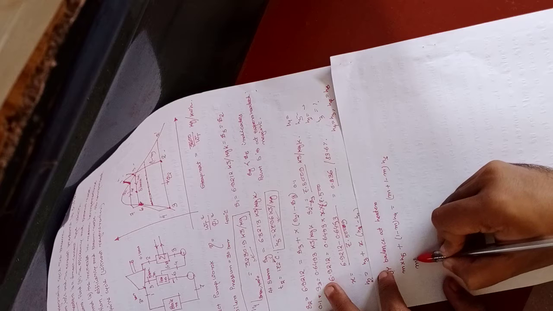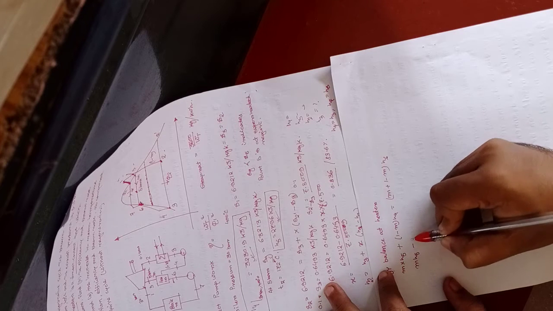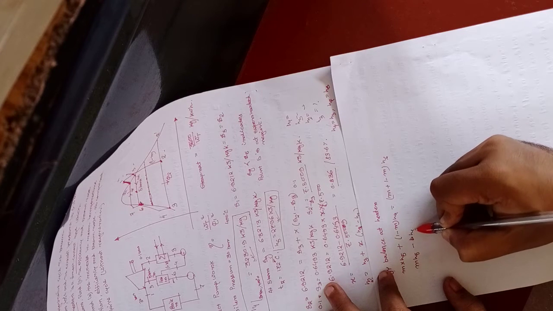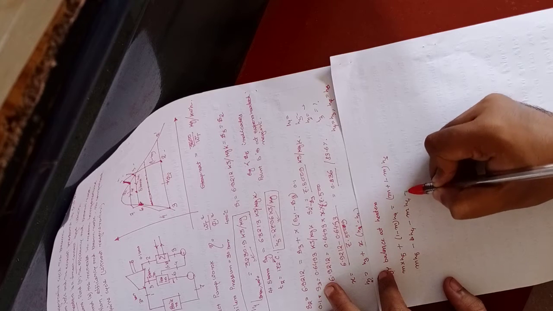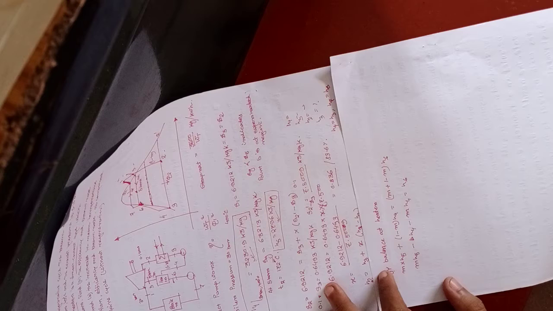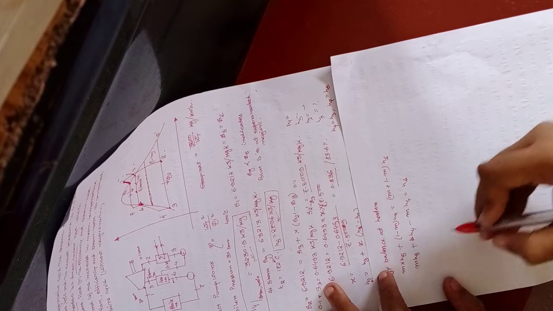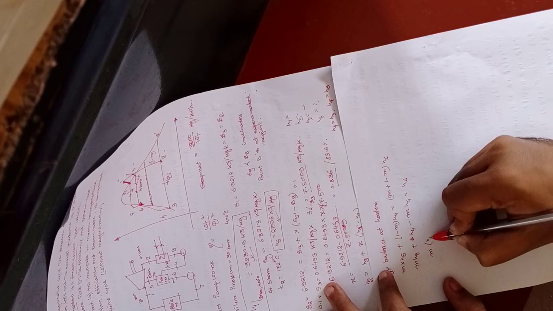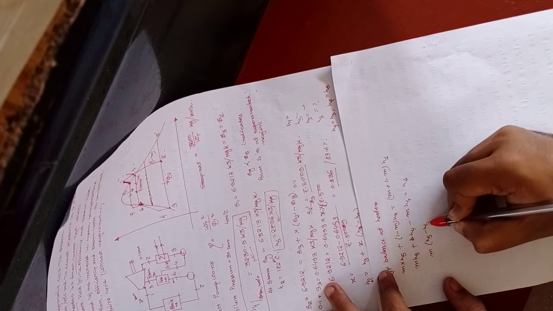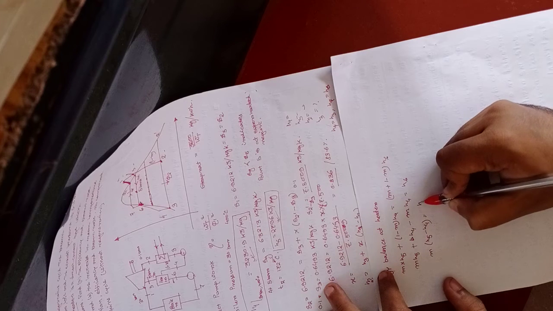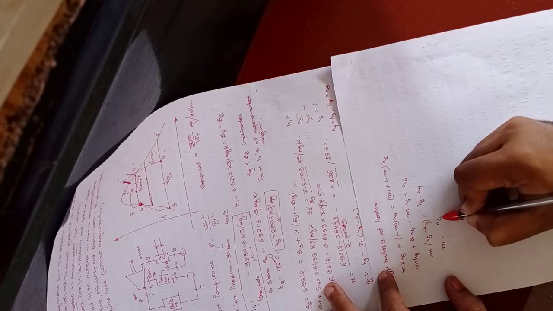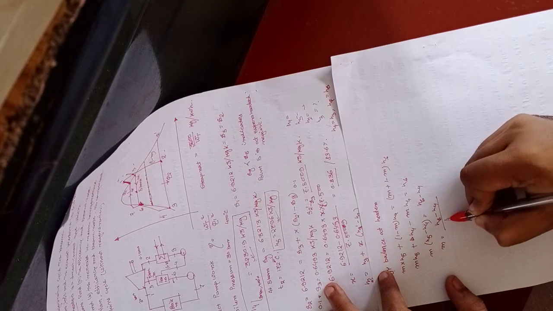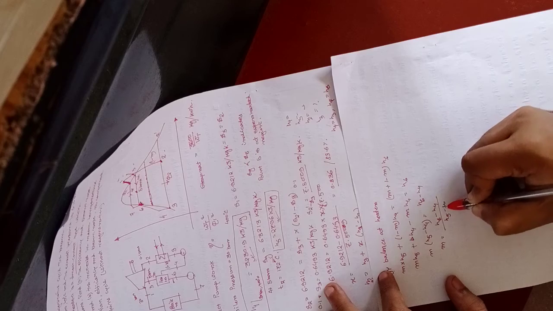So M into (H5 minus H4) is equal to H6 minus H4. So M will come (H6 minus H4) by (H5 minus H4).